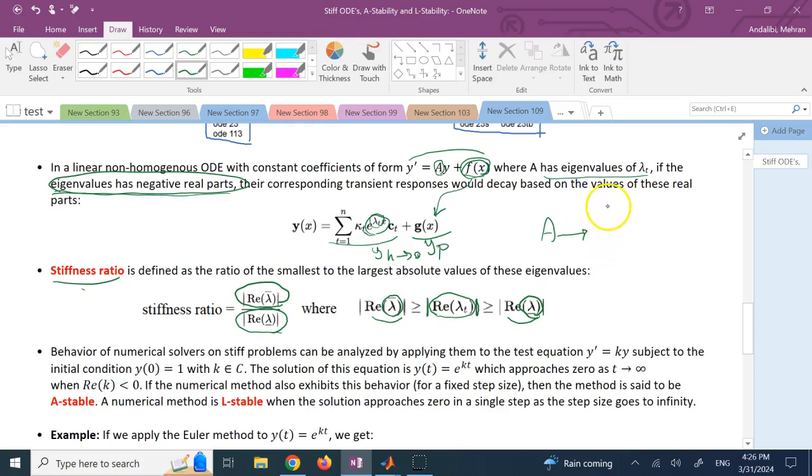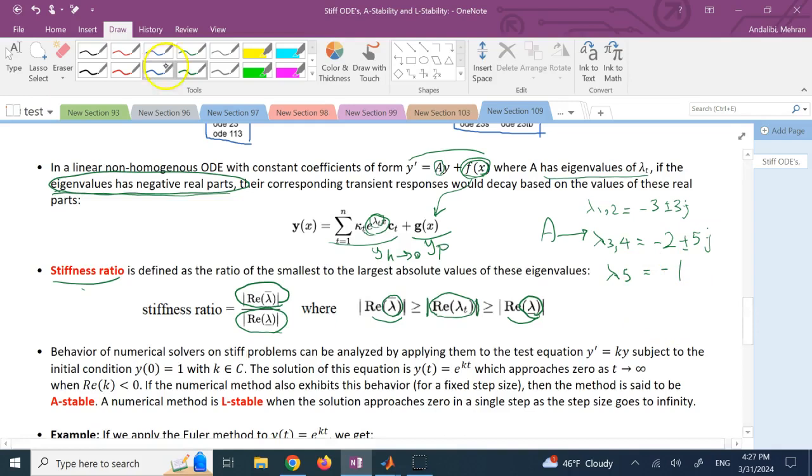Let's say lambda 1 and 2 are, for instance, negative 3 plus minus 3 times j, and lambda 3 and 4 are negative 2 plus minus 5 times j, and then I have a lambda 5, which is negative 1, correct? And let's say that's it. Okay, I got 5 lambdas.